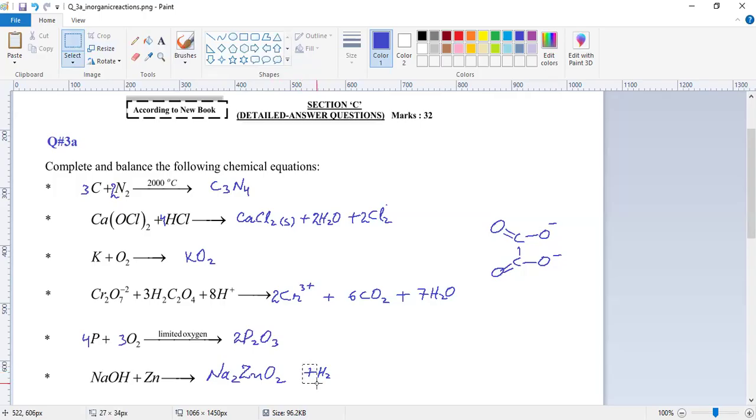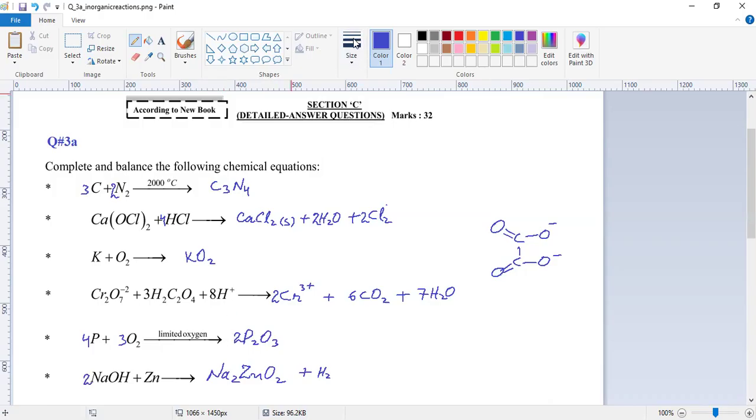For balancing, see how many hydrogen are there. Two hydrogen atoms. First, we try to balance hydrogen. It makes it easier. So two should be put here. So there are two hydrogen, two sodium, two oxygen, and one zinc. So it is automatically balanced.